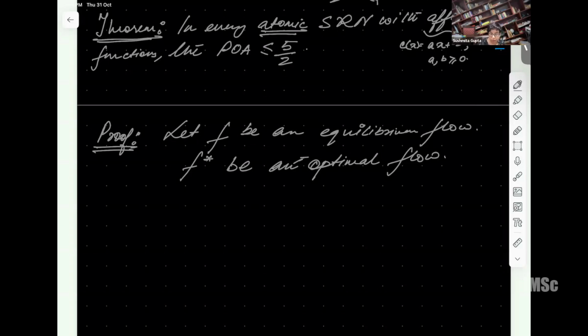How do we define flow in the atomic selfish routing network situation? Quickly, we have a few things we want to do today. There are so many paths to choose from, and each agent chooses one of the paths, and a flow of one is routed for that agent on that path.